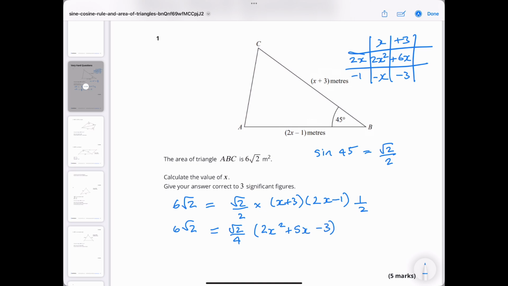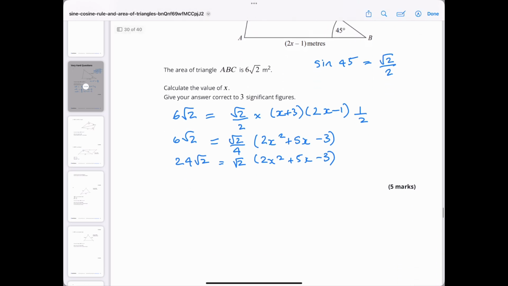I'm just going to multiply both sides by 4, so that makes 24 root 2 equals root 2 times 2x squared plus 5x minus 3. To make life much easier, I'm going to divide through by root 2 on both sides, which gets rid of that. So we've got 24 equals 2x squared plus 5x minus 3.